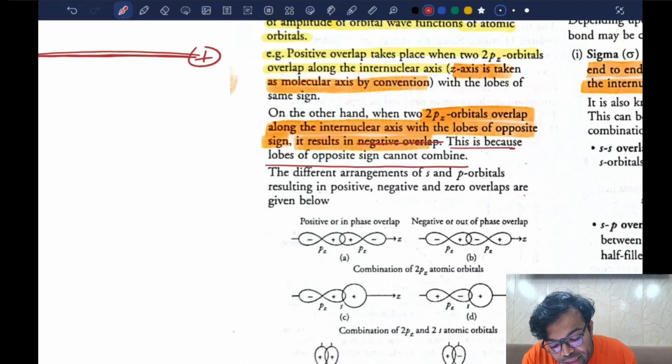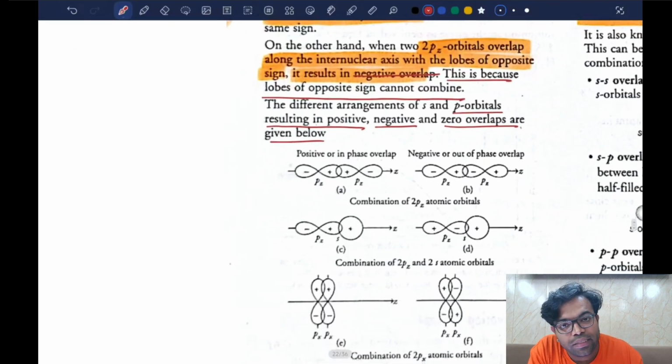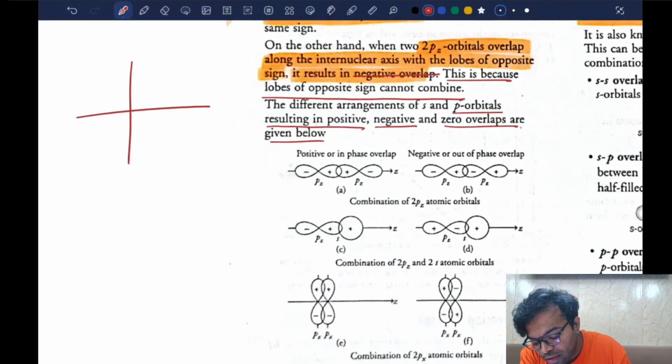Okay, the different arrangements of s and p orbitals that result in positive, negative, and zero overlap are given below. Now, this is known as the pz lobe. You know what the shape of the p orbitals is, right? You have the px like this, you have the py like this, and you have the pz on the z axis like this.